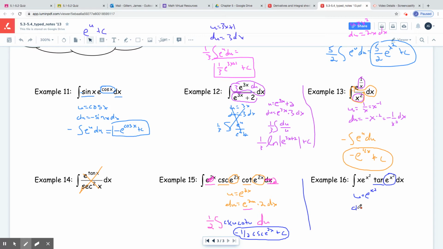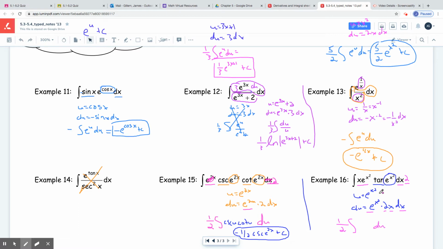All right. The derivative of e to the u is e to the u du, which means I rewrite it and then multiply by the derivative of the exponent, which in this case, the derivative of x squared is 2x. Put the dx on there. I have x, I have e to the x squared, and I have dx. I'm just missing a 2. So now I have it all. 1/2. All this is du.